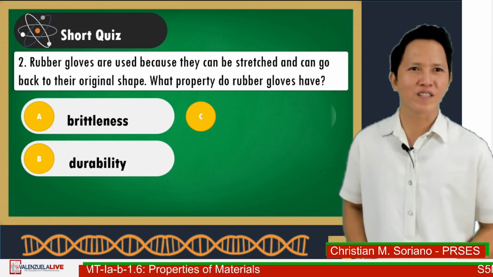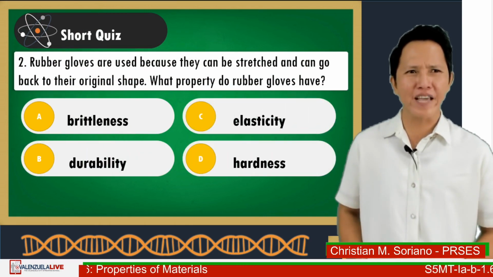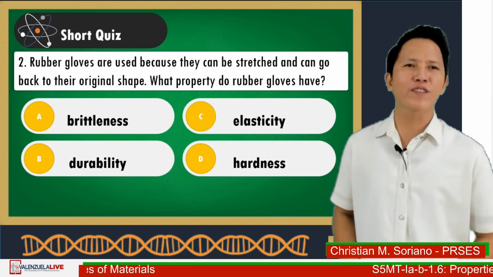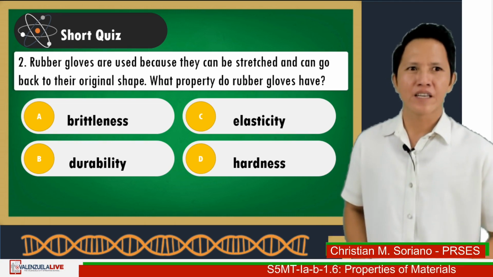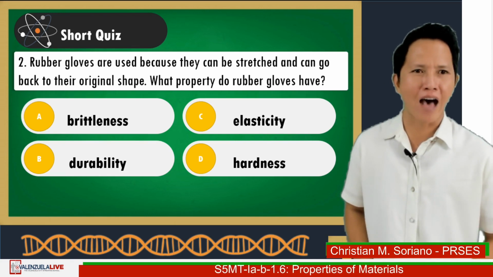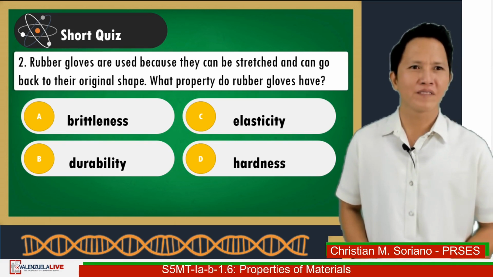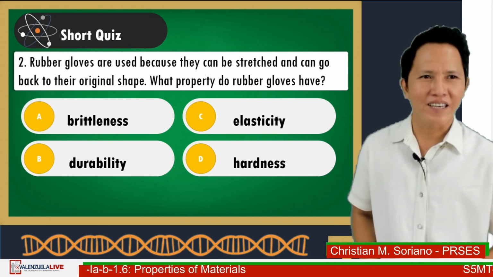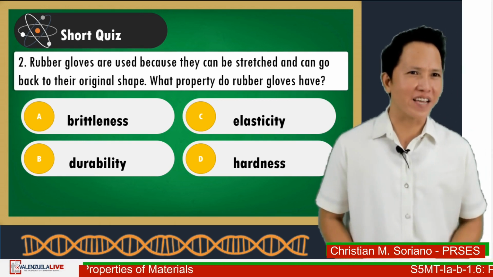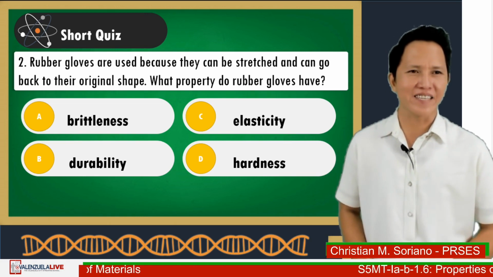Number two question. Rubber gloves are used because they can be stretched and go back to their original shape. What property do rubber gloves have? Type your answer in the comment box. Yes, the correct answer is elasticity.